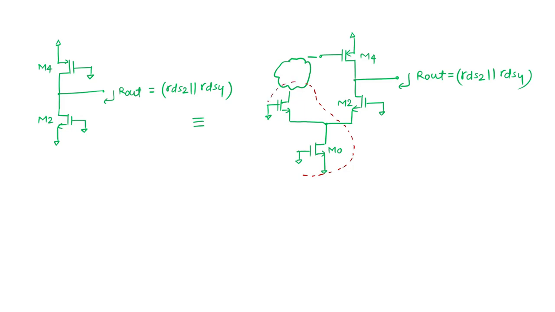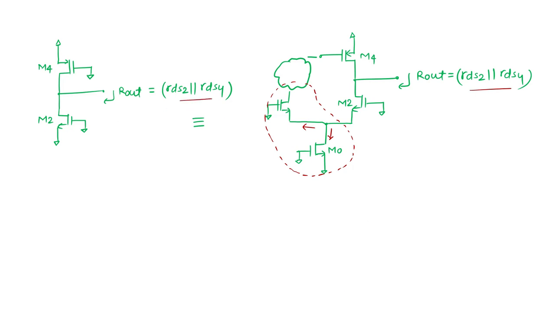That's why I went through this analysis. We have just seen the effective impedance of this node and what is happening with these current components, and accordingly we've seen that this is the output impedance.